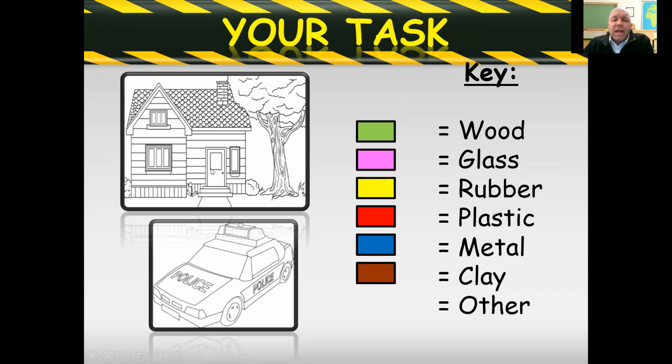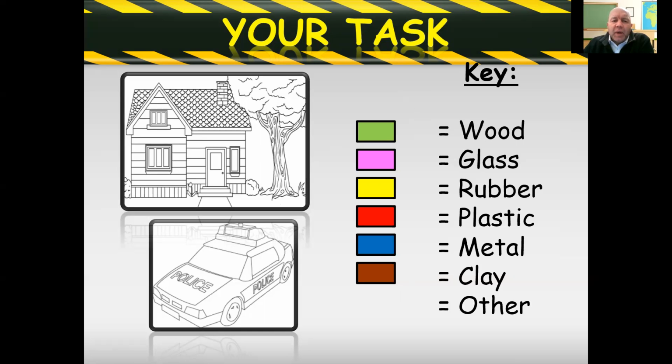But this part here, the rectangle here, to me it looks like a window. So I think that's going to be glass. So I'm going to colour that pink. So I'm going to have a green door with a pink window, which looks a little bit silly. But scientifically, it will be correct because it matches the key that we've been given. Okay? I hope that makes sense.